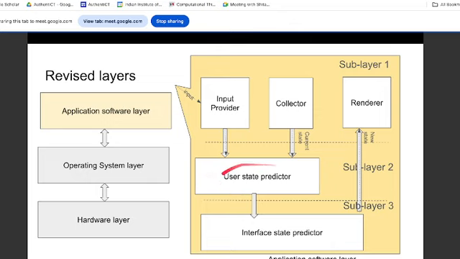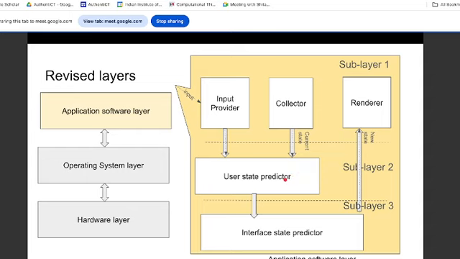So this model of the user is created within the user state predictor, and that model is provided to the interface state predictor. That model takes care of manipulating the current state of the system and gives inputs to the interface state predictor, which then tells the new state to the renderer, and the renderer does the work of showing it on the application software layer.